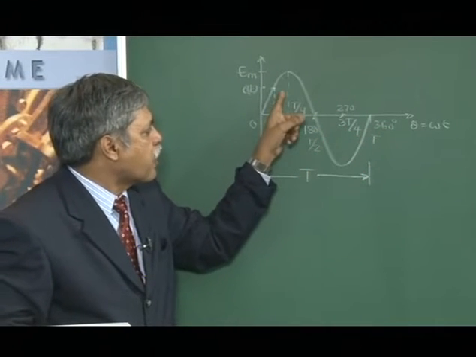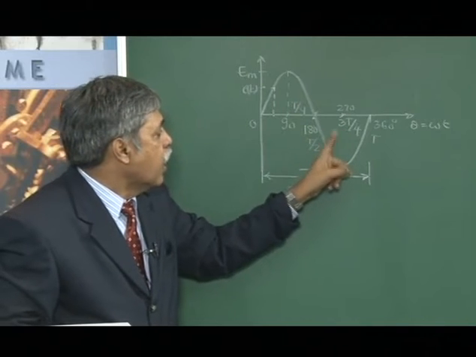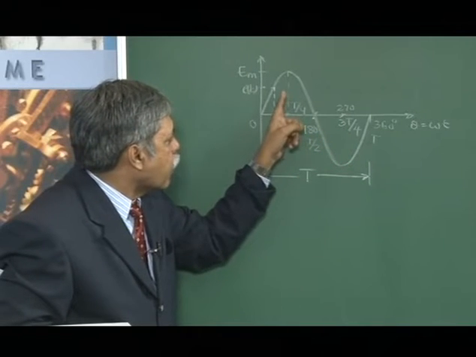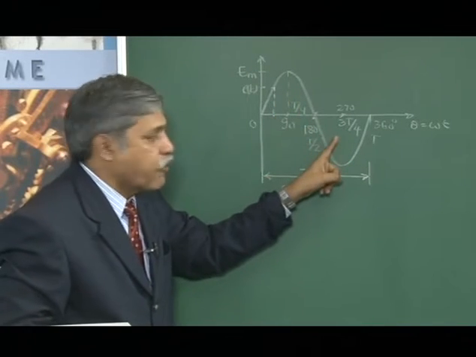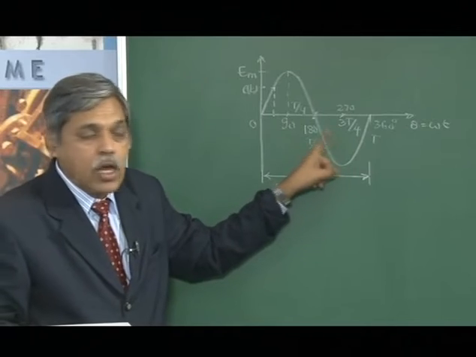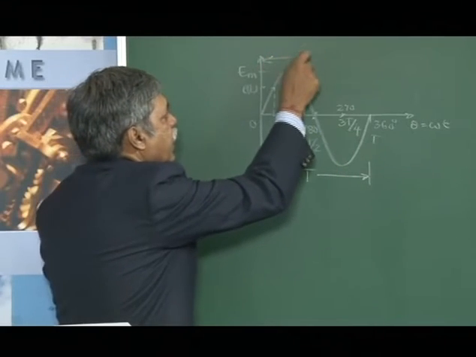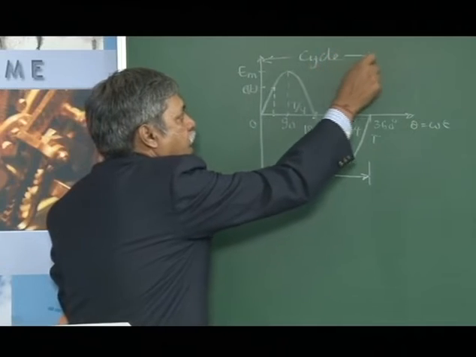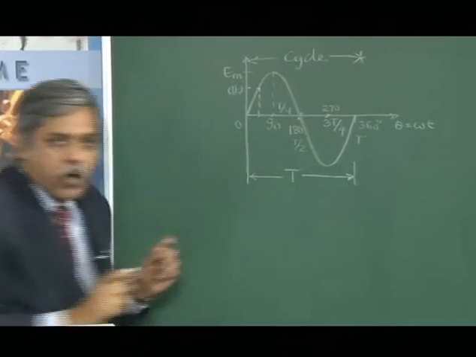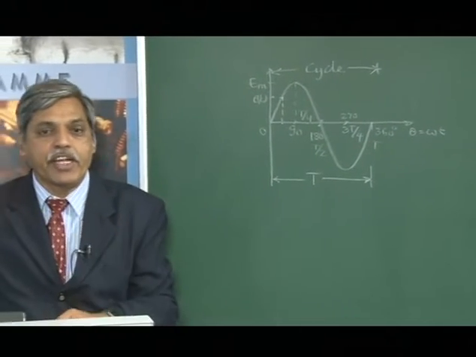So a positive half cycle and a negative half cycle, a set of all positive values and a set of all negative values, is called one cycle.